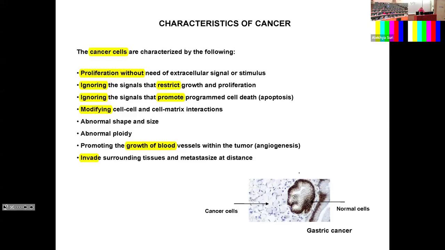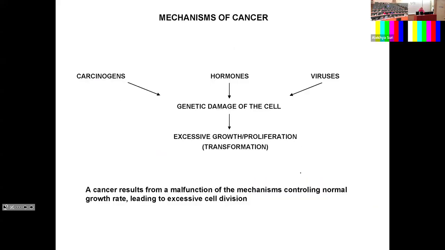So that is a different ploidy, referring to a different number of chromosomes compared to normal cells. Also, they promote growth of blood vessels. This procedure is called angiogenesis. And on top of that, cancer cells can invade surrounding tissues and metastasize to a target organ at a distance, right? In general, they go by the bloodstream to another organ. So these are all the characteristics of the cancer cells.